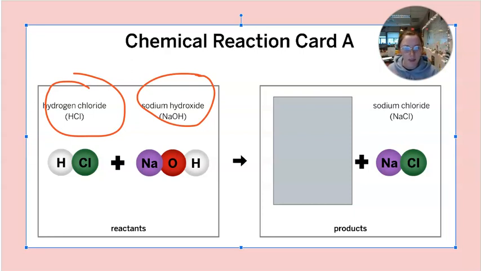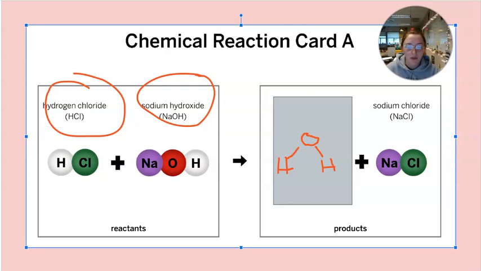If I have an example like this, where I see a purple sodium atom and a green chloride atom already accounted for over here, what has to be left then? We should see that we have 1 oxygen left, 1 hydrogen, and 2 hydrogen.